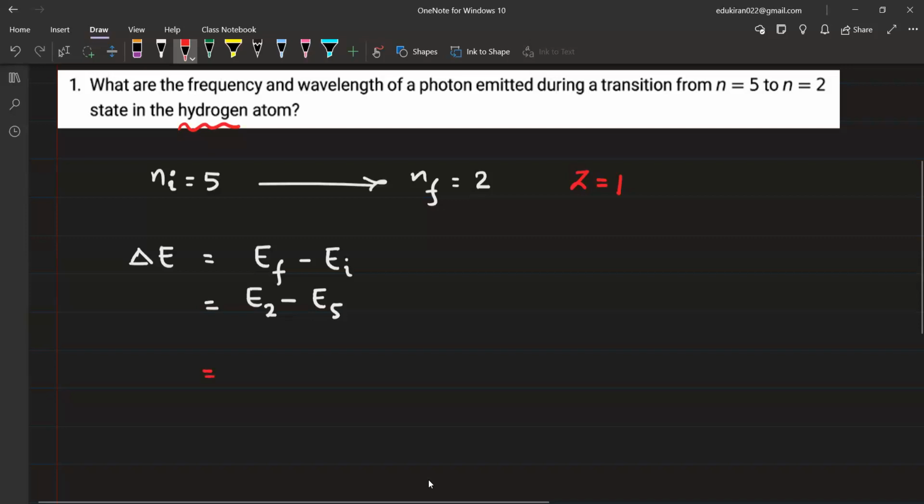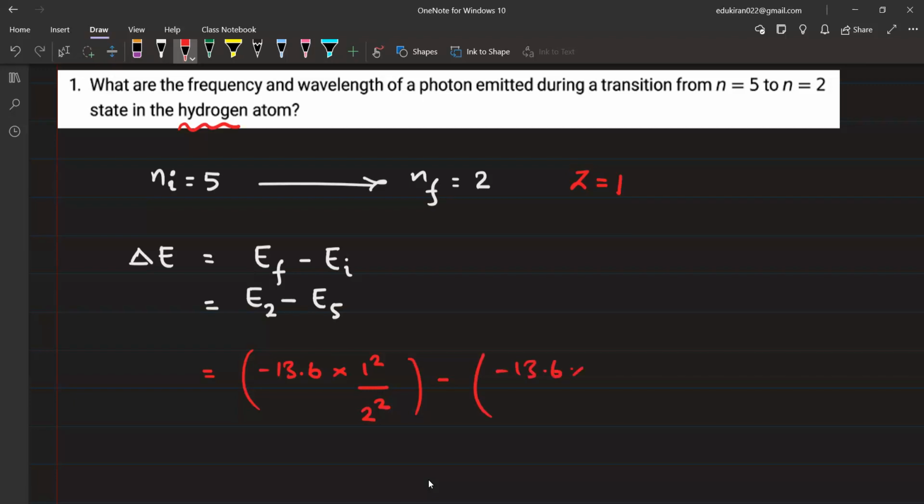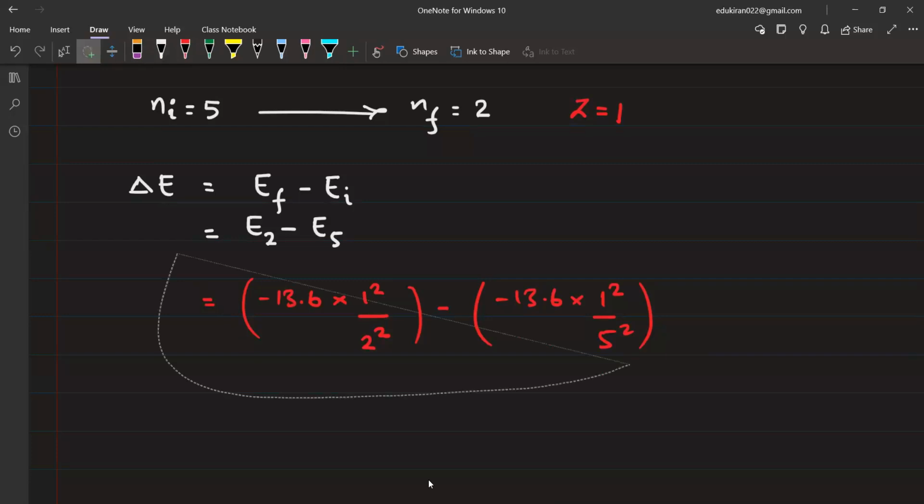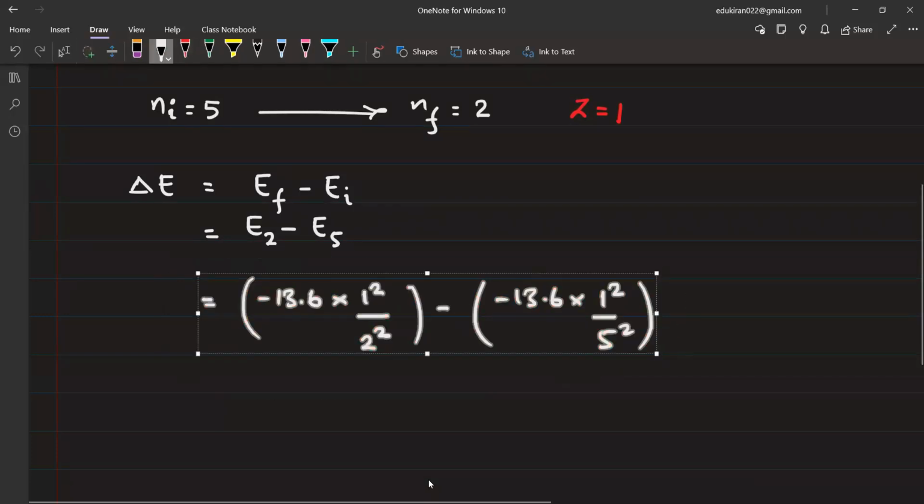E2 is equal to minus 13.6 into 1 square divided by 2 square, minus the energy of the fifth, which is minus 13.6 into 1 square divided by 5 square. Is it clear? Yes, sir.